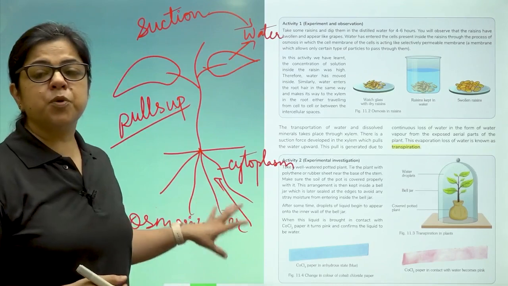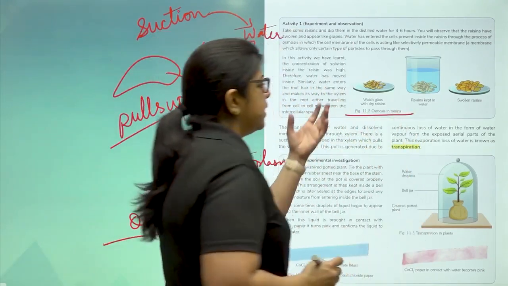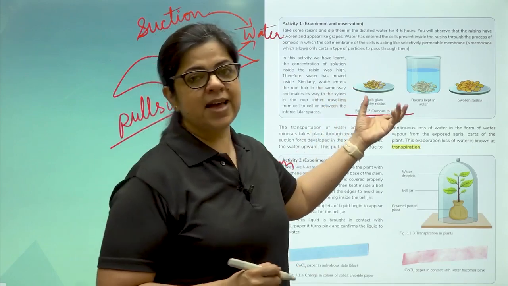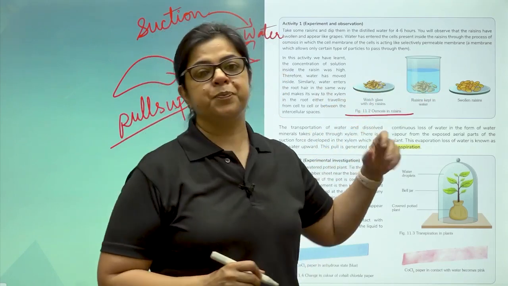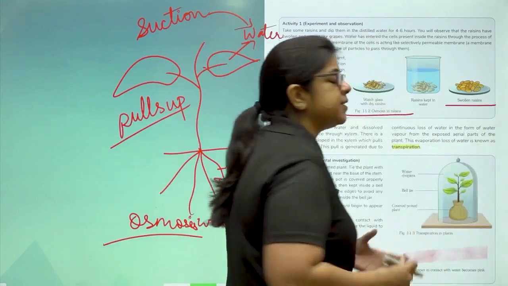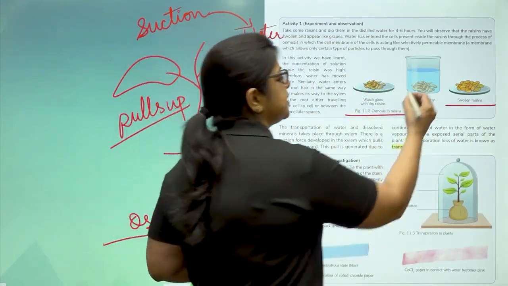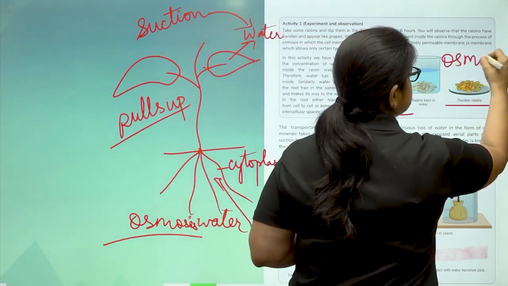Now, osmosis is a process that you see every day. Even in this experiment where dry raisins have been soaked in water, after about 8 hours, you can see the raisins are swollen. They have absorbed all the water. So, what is taking place here? Osmosis is taking place.